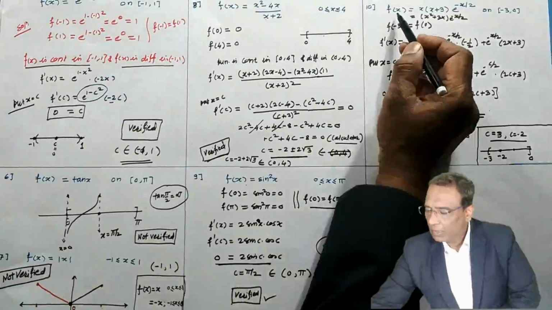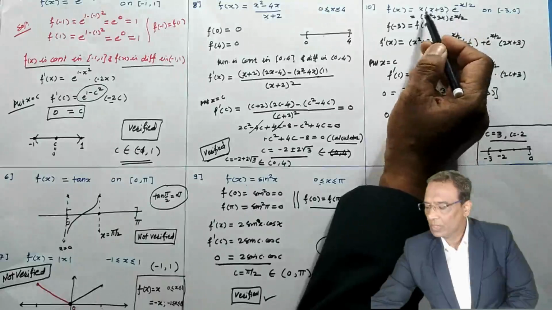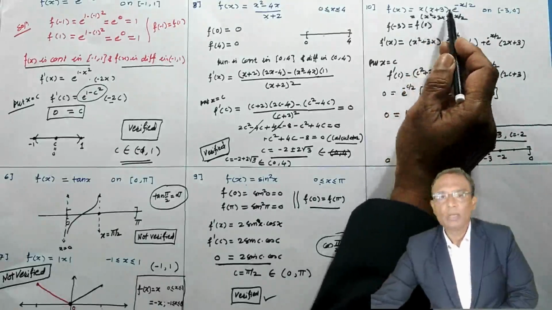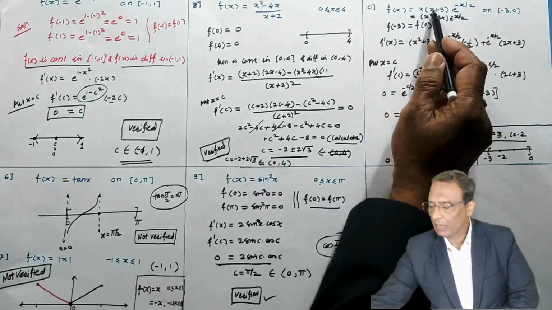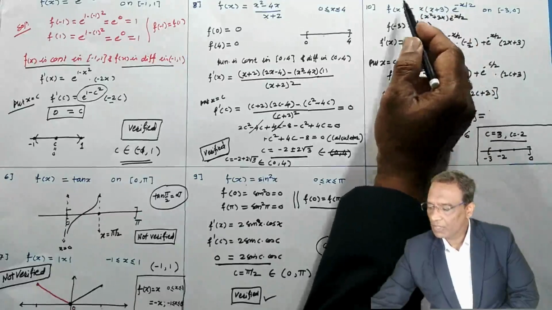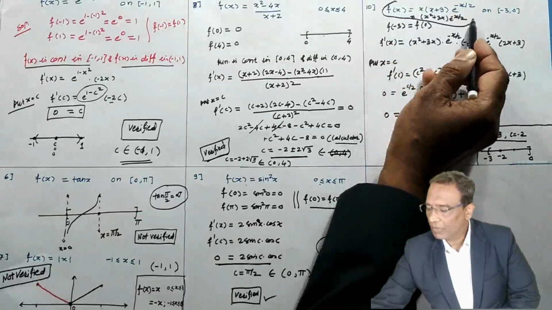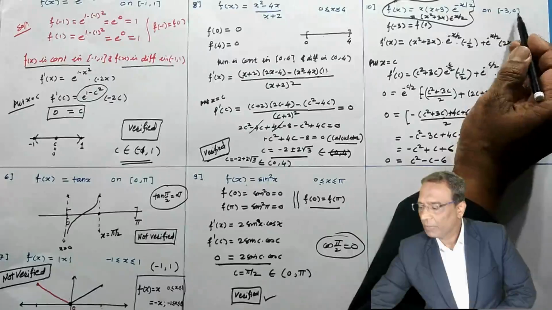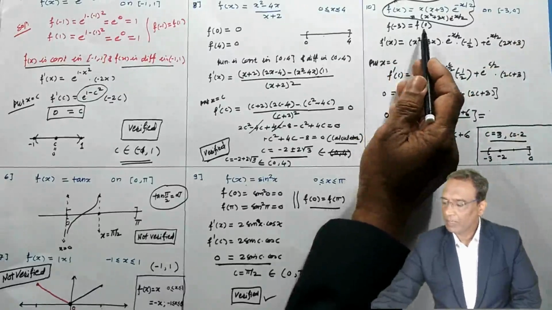The next problem is f(x) equal to x plus 3 e to the power minus x by 2. For convenience you can multiply by x square and 3x. I have written this is the function. This is the function given to you, and it is defined on minus 3 to 3. F of minus 3 you can find out.